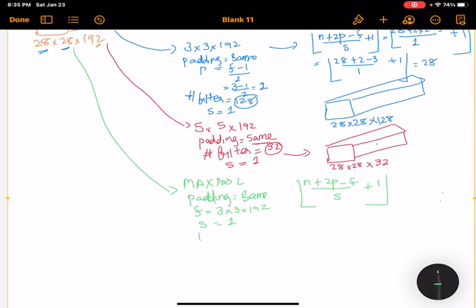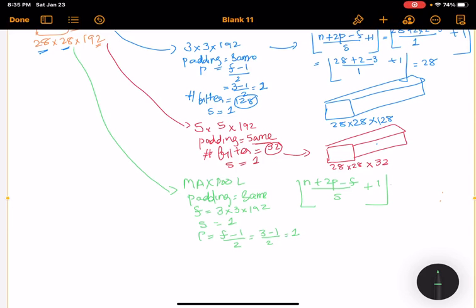So my padding p will be (f minus 1) by 2, where f is the size of my filter, which is 3, so (3 minus 1) by 2, which is equal to 2 by 2, equal to 1.